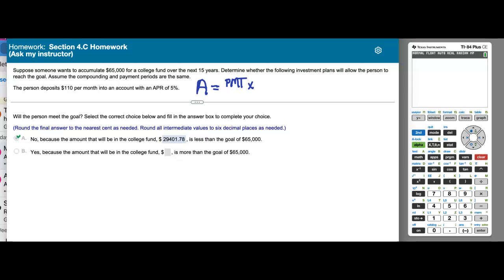We have two sets of grouping symbols here, one's really a bracket and then a parenthesis: 1 plus, and instead of writing APR, I'm using R over N, and all that's raised to the N times Y power, and then we subtract 1, close that bracket, and then the denominator of that fraction is just R over N.